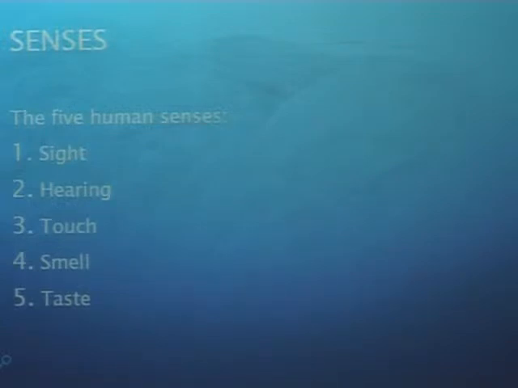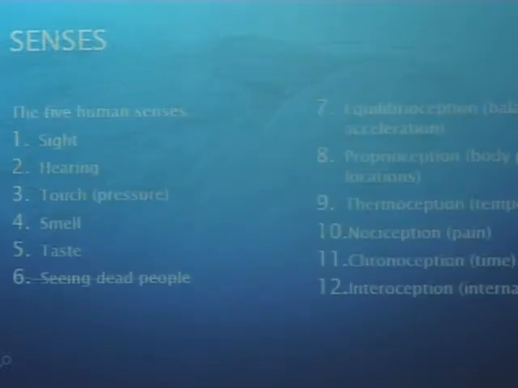So I think an intelligent system should be able to support being able to use sight, hearing, touch, smell, taste. These are the basic 5 human senses, right? Does anybody have a 6th sense?